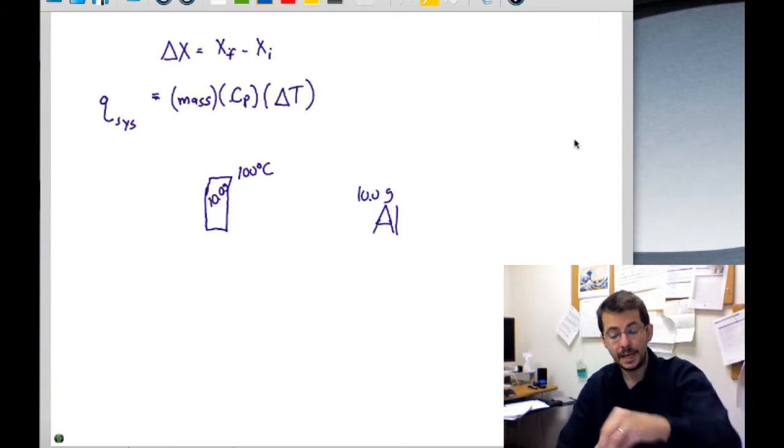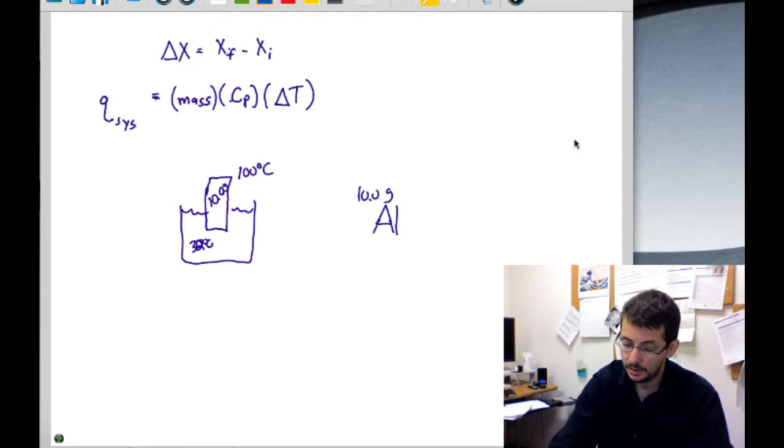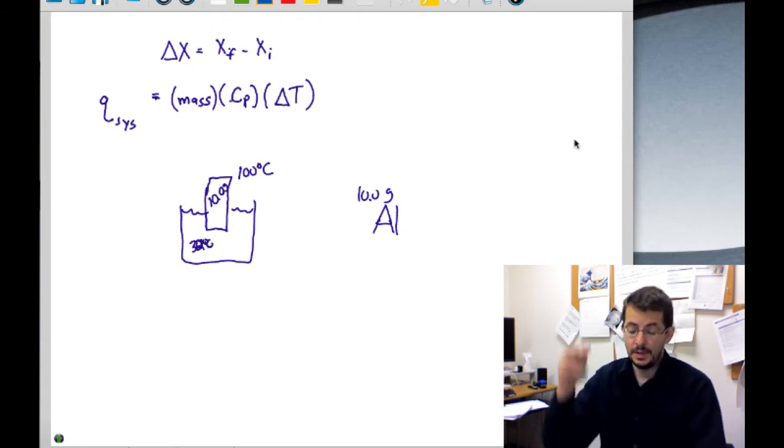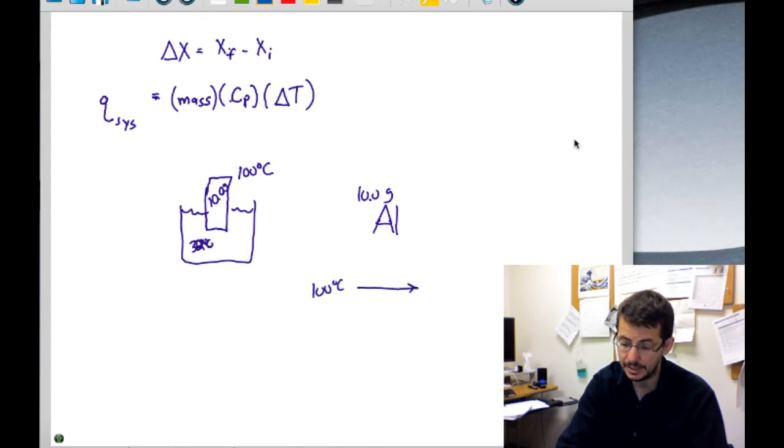And we're going to drop that piece of metal into ice water. Now, assuming that we have a whopping excess of ice and water, this 10-gram piece of metal, which starts at 100 degrees centigrade, ends up decreasing down to 32 degrees.